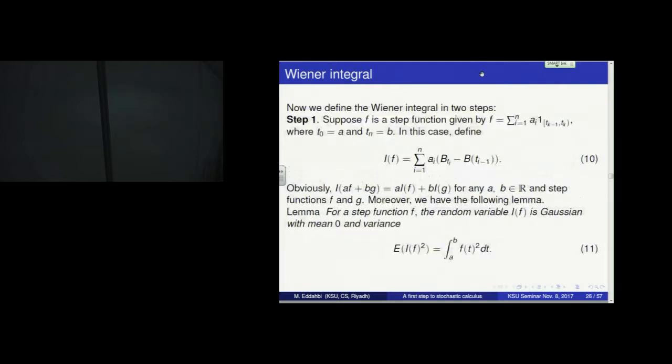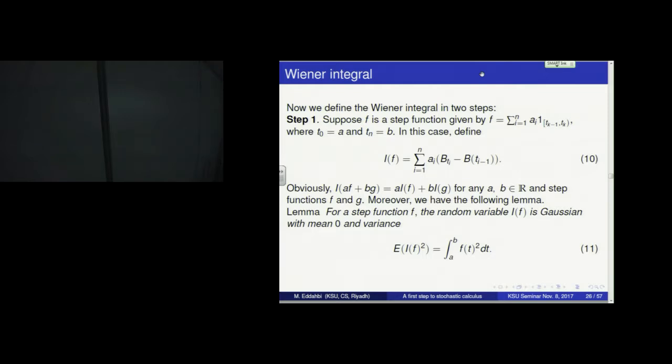And the first attempt is to define it for a deterministic object, not random. F is not random for the moment, just constants and indicators here. So the elementary approach is just to define it for elementary functions.